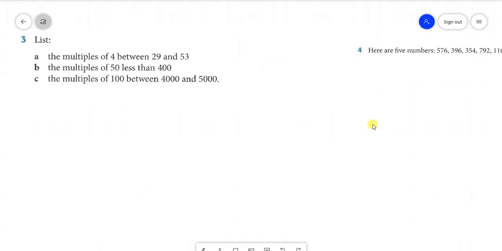You guys can see it. Okay. So it's list the multiples of 4 between 29 and 53. So which means we are going to write the table.